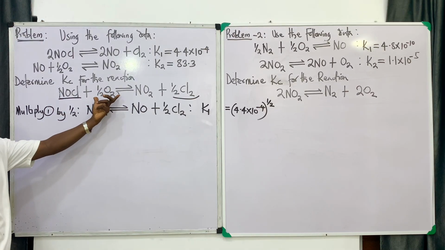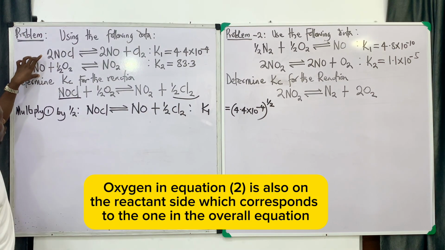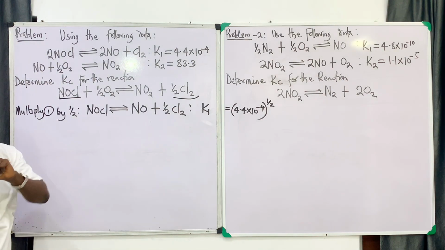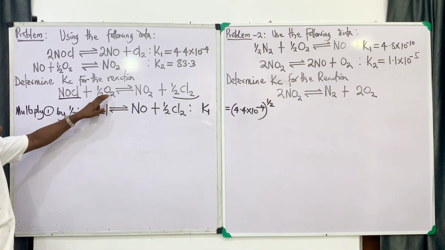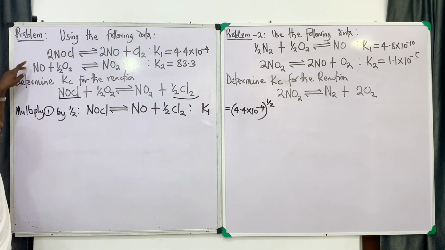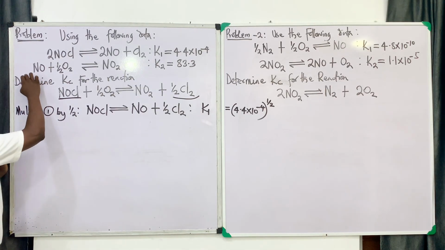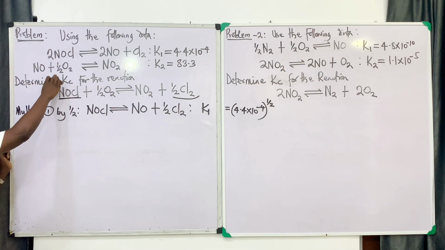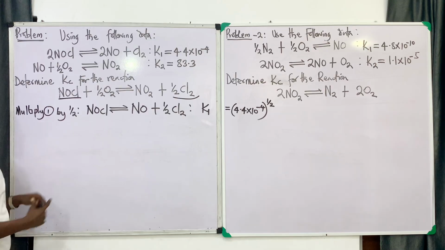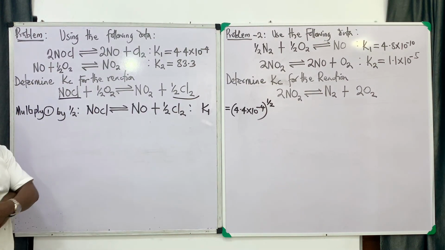In the overall equation, oxygen is half, whereas in equation 2, oxygen is half also. So we have half here. We also have half here. Do you understand? So in this case now, this is what you're going to do. We are not going to multiply this equation by anything at all. Nope. But instead, we're going to bring down this equation the same way it is.